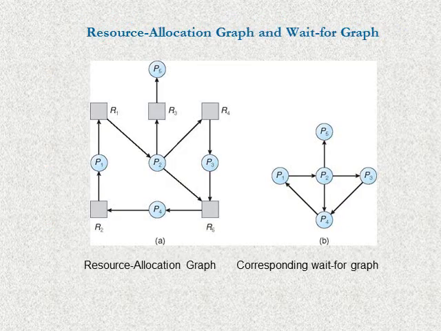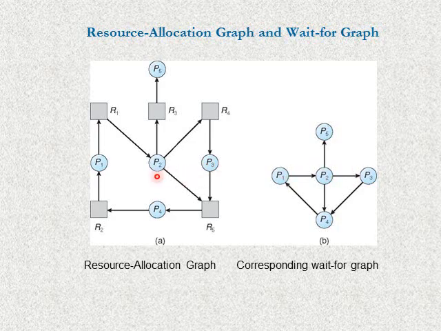Over here, we have a resource allocation graph and its corresponding wait for graph. As you can see, in the resource allocation graph, we have resources as well as processes. However, in the wait for graph, we only have processes, but they are similar in nature because the dependency among multiple processes through a resource is reflected in the wait for graph directly.